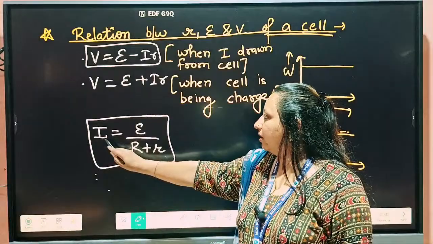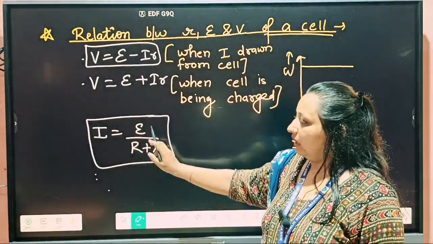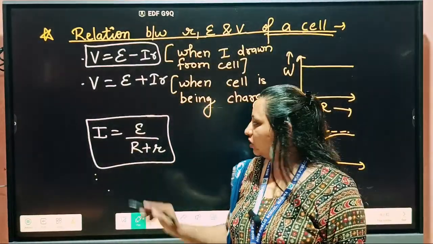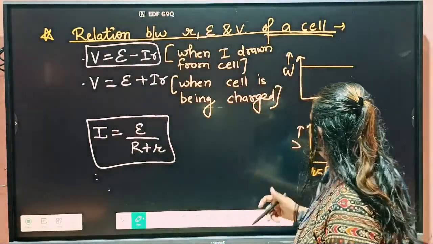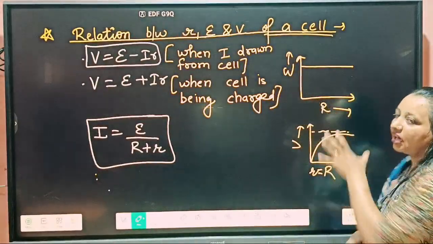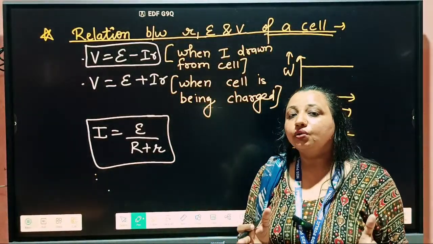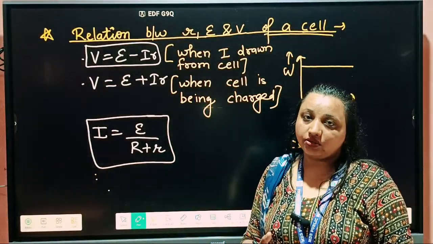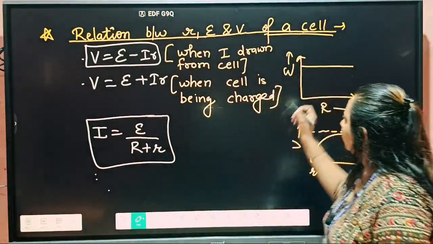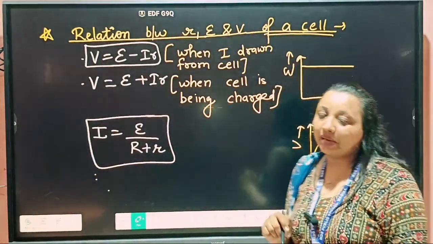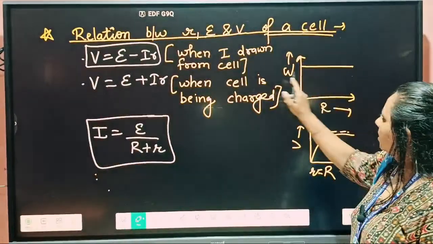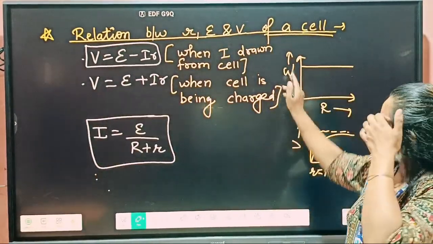That's why I is equal to EMF upon external resistance plus internal resistance. If we plot the graph between EMF and R, EMF doesn't depend on the external resistance, so the graph is a straight line parallel to the x-axis.